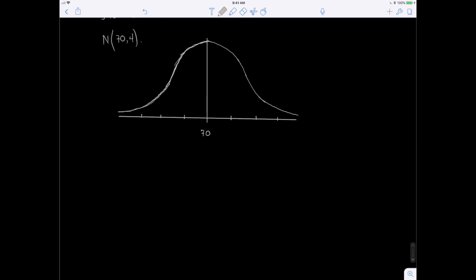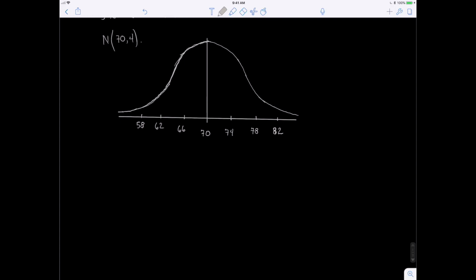So if I start at 70 and move to the right, I add 4 to get 74, then another 4 is 78, and the next one would be 82. Going the other direction, I subtract 4 from 70 to get 66, then 62, and then 58. This is the normal distribution that represents the heights of American males.